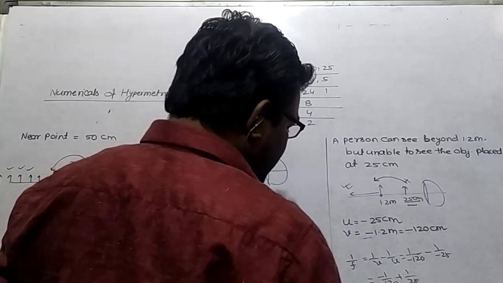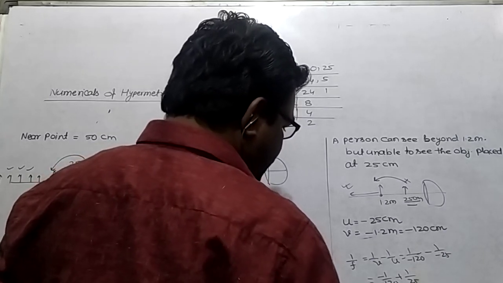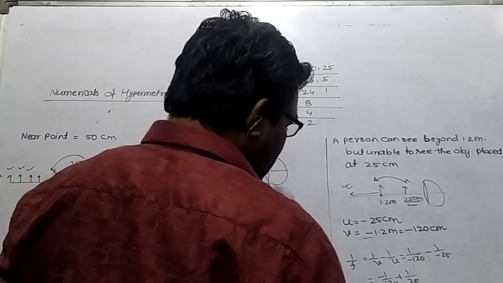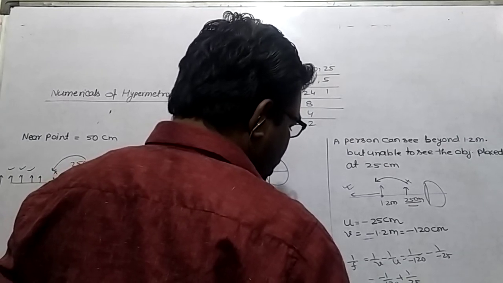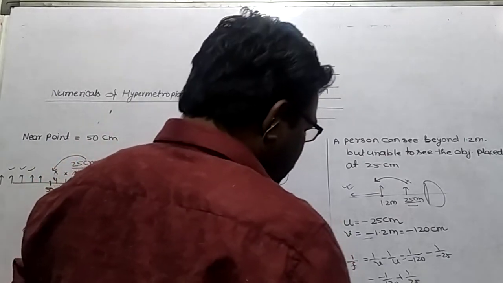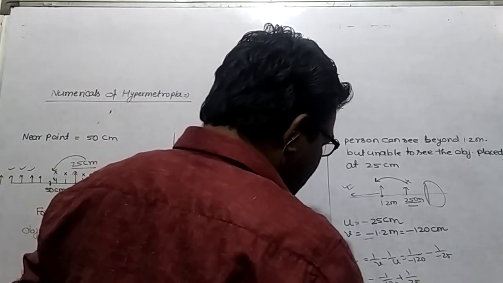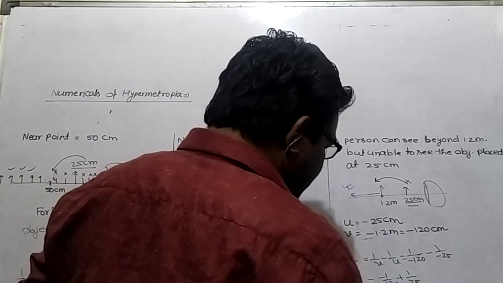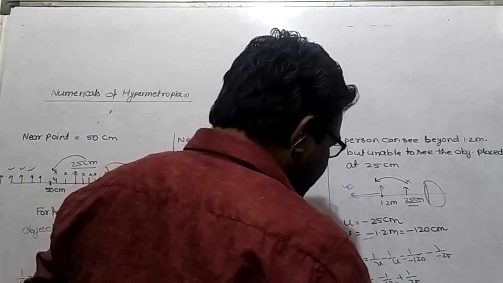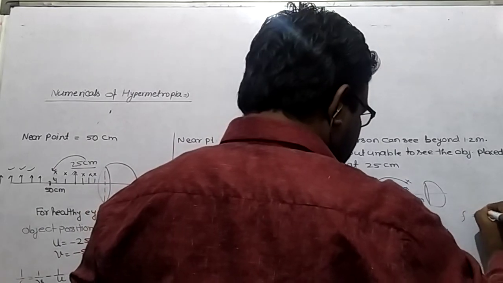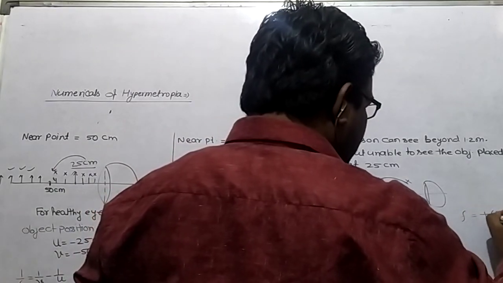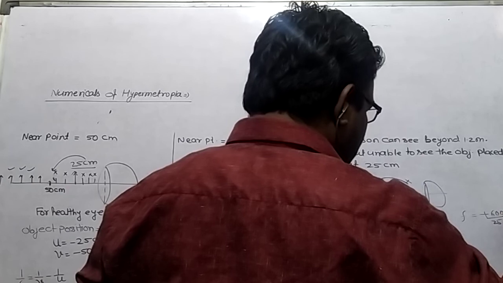So it is minus 5 plus 24. The result will be plus 19 by 600 centimeter for 1 upon f. So f is equal to plus 600 upon 19 centimeter.